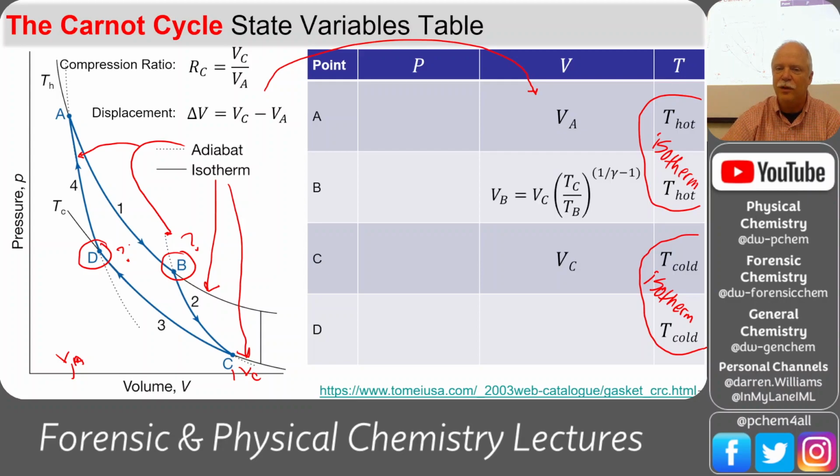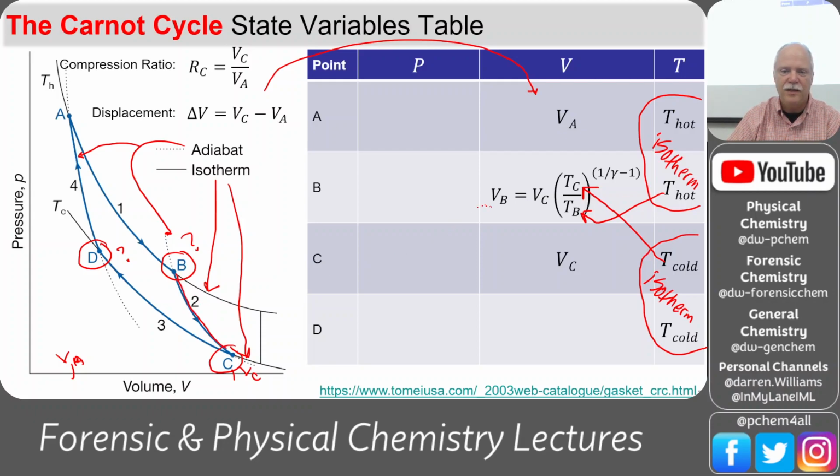We use that adiabatic relationship. So we have the 1 over gamma minus 1, because we're dealing with the temperatures. We know T hot, T cold. Okay, so TC here is T cold. That goes right there. T hot goes right there. And VC, notice VC is the one that we use because it's connected to VB with the adiabat.